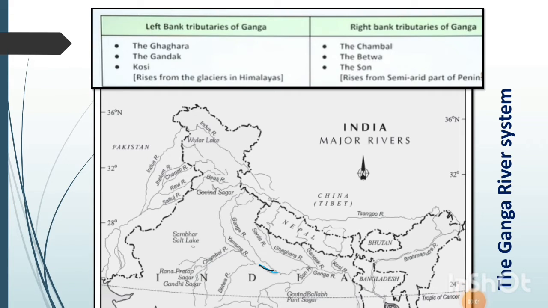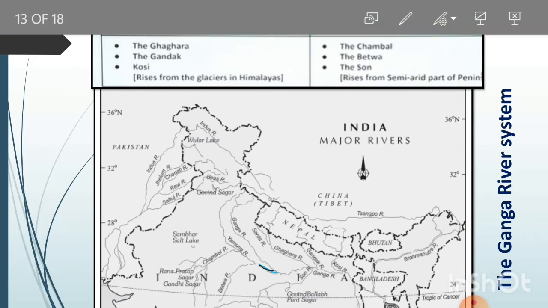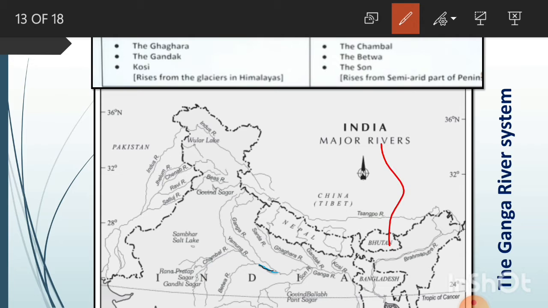On this slide we can see the names of the right bank and left bank tributaries of the Ganga. At first we have to understand what right bank and left bank tributaries of a river are. Suppose this is a river flowing in the north direction.